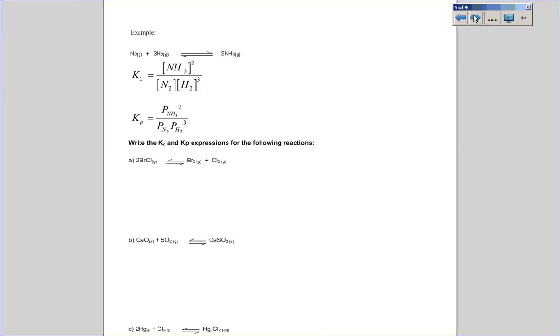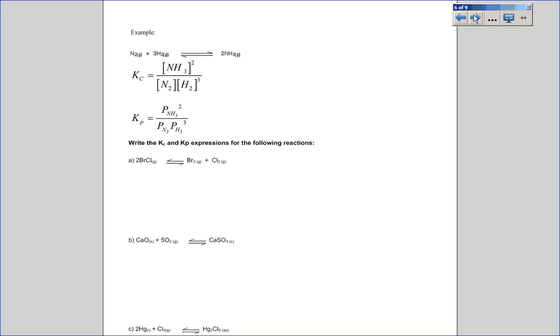So we've got an example here of a homogeneous equilibrium between nitrogen and hydrogen to produce NH3. And we're going to write the expressions for these reactions below. So we've got the Kc, products over reactants, so the concentration of NH3 squared over the concentration of N2 times the concentration of H2 cubed.